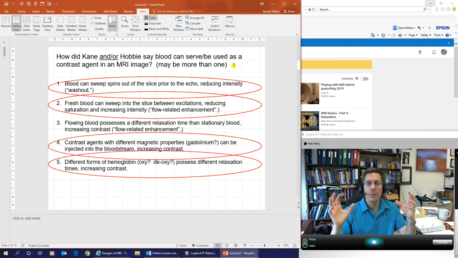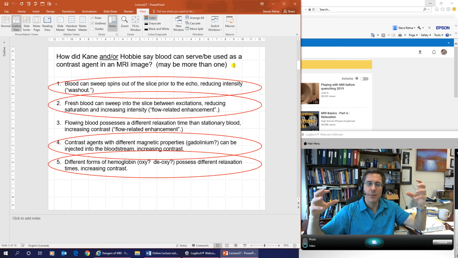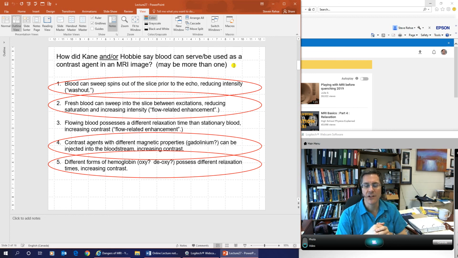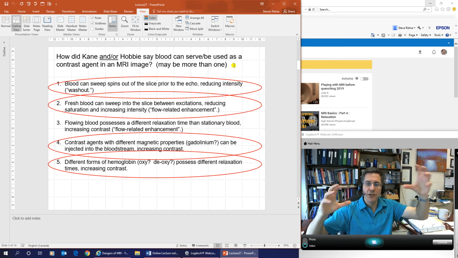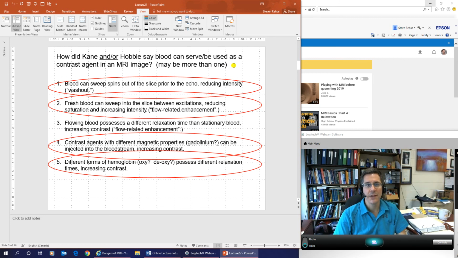Whether the hemoglobin molecule is deformed because it's carrying oxygen, or deformed in a different way because it's deoxygenated, changes the structure of that molecule. Iron deficiencies are common in people with blood problems, so blood and iron are very closely related. Iron is ferromagnetic, it's got a magnetic property, so those 2 structures of the hemoglobin molecule actually have different relaxation times. And so we're going to be able to tell blood that's been oxygenated or deoxygenated in our MR measurement, which is really clever. So all 4 of those are true.